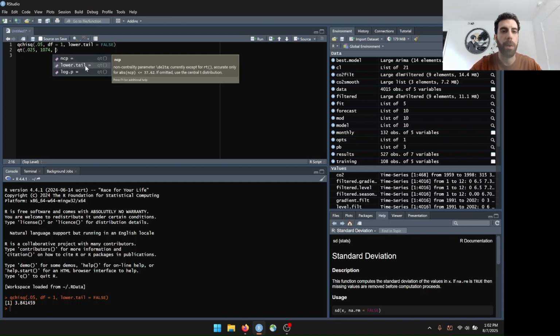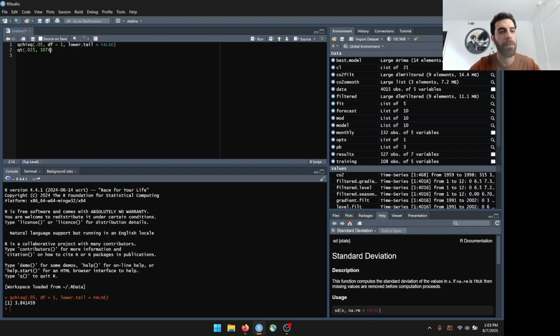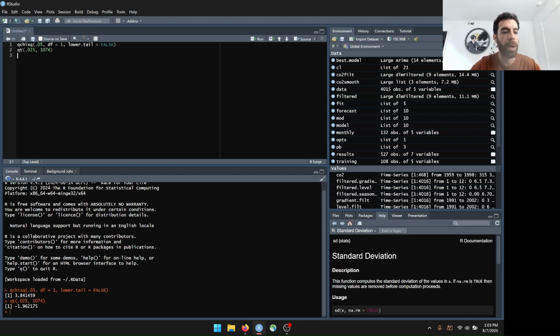So do I want the lower tail or the upper tail? I do want the lower tail. By default, it's true, so I don't need to specify that. Don't worry about the non-centrality parameter and log P. We haven't covered that. And when I do that, I get 1.962175. So very close to what I would get if I did the same thing for the normal distribution, the standard normal, also known as the Z distribution.